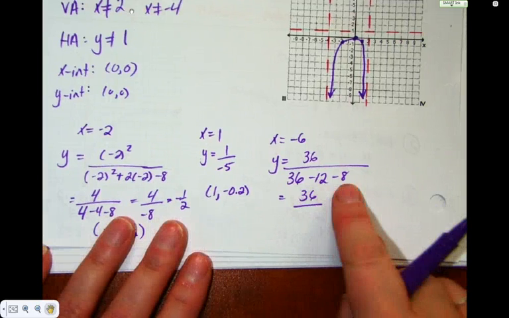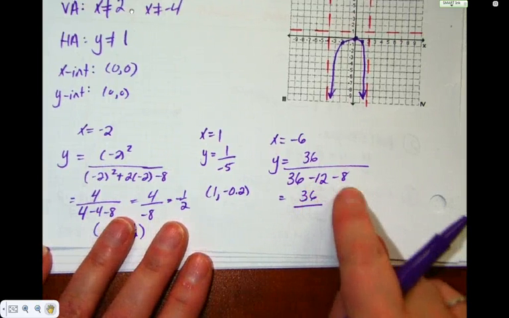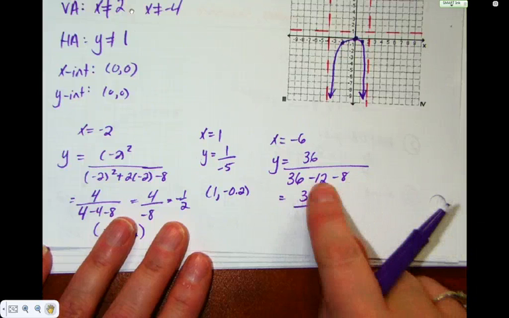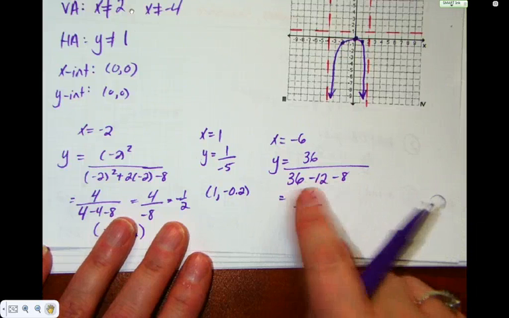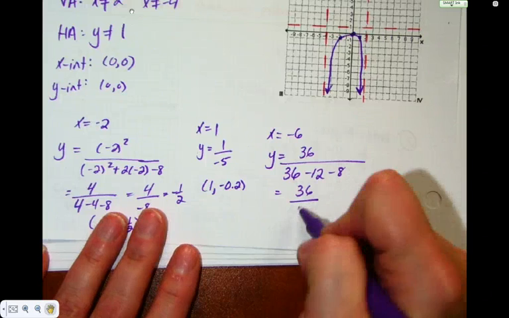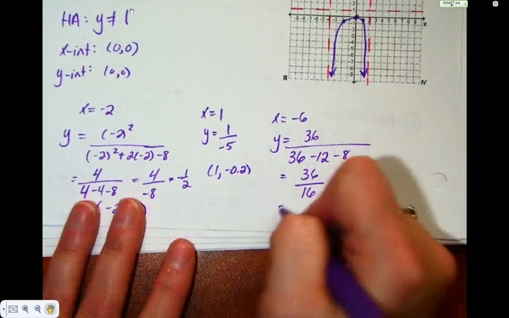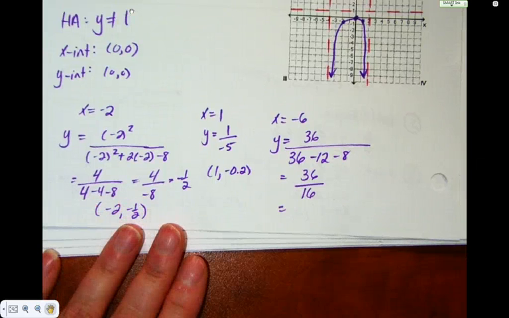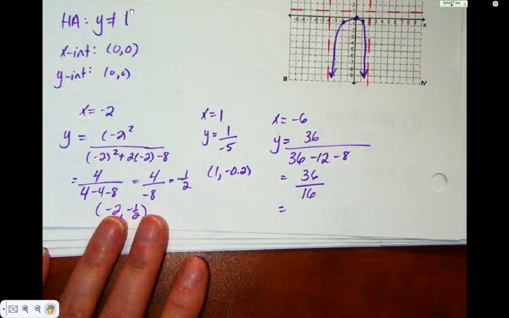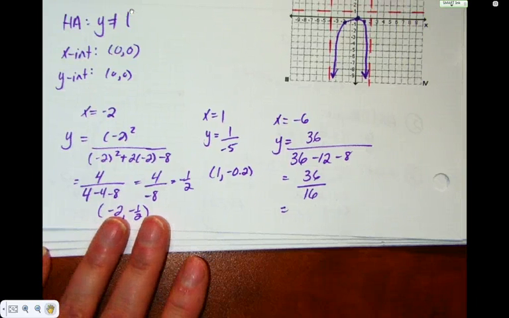On the bottom, easiest to group the 12 and 8 first, because negative 12 and negative 8 makes negative 20, so 36 minus 20. Can we reduce? 8 over 4. Ooh, 9 over 4.